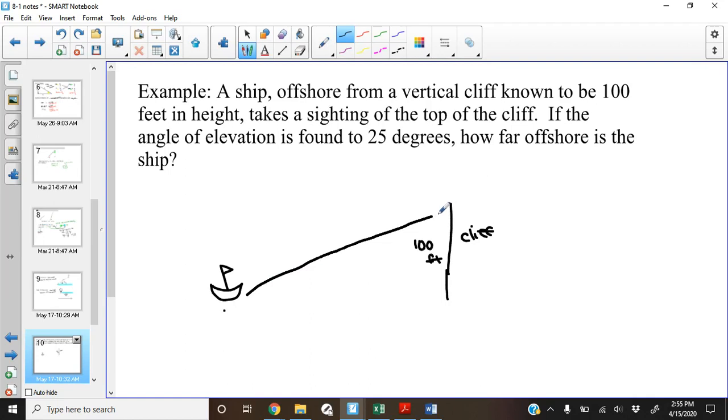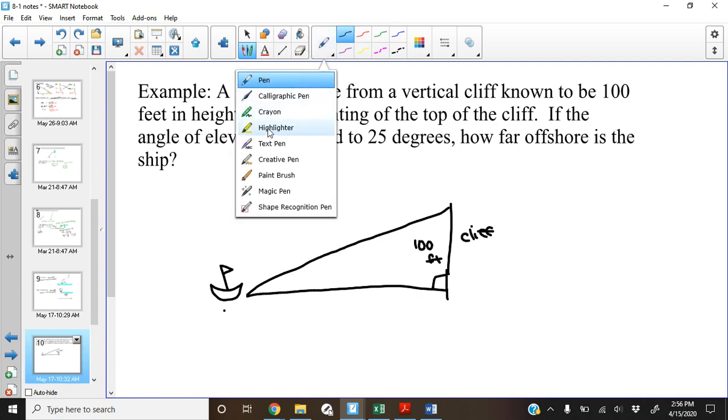Well, it didn't want to work on this program, but you get the gist of it. So they get a sighting to the top of the cliff. Let me just finish drawing this right triangle, so we know that horizontals and verticals make our right angle. They tell us the angle of elevation is found to be 25 degrees.